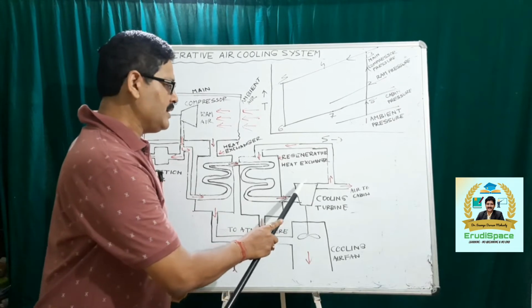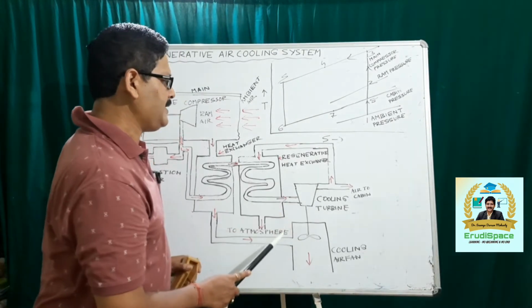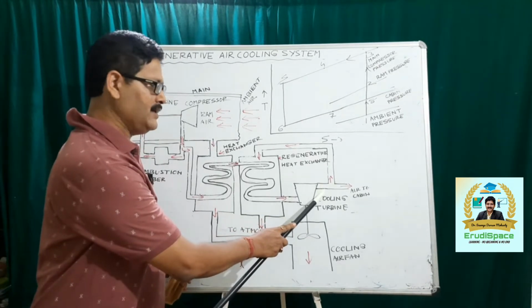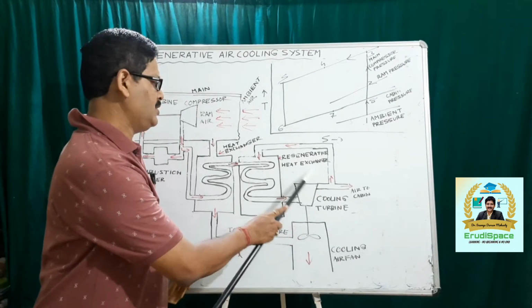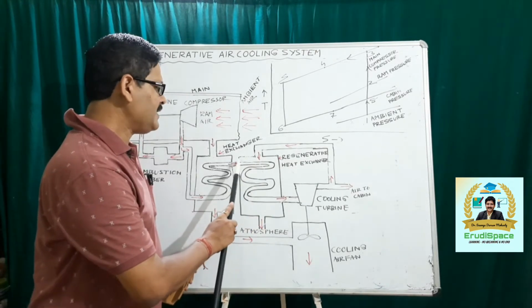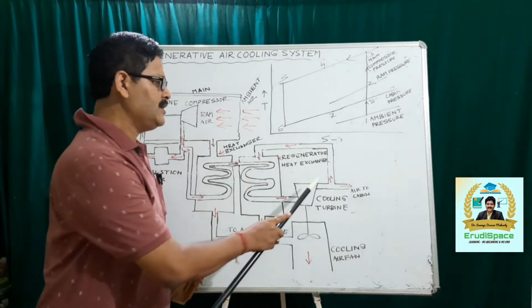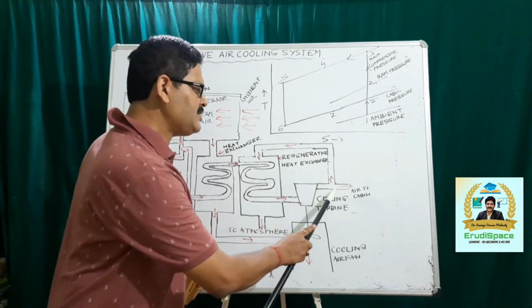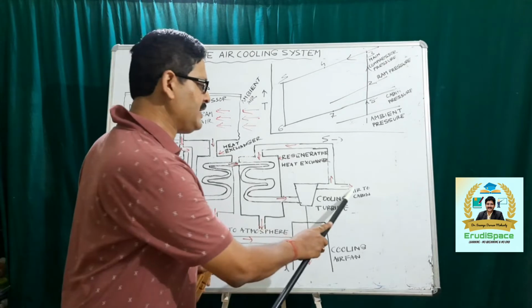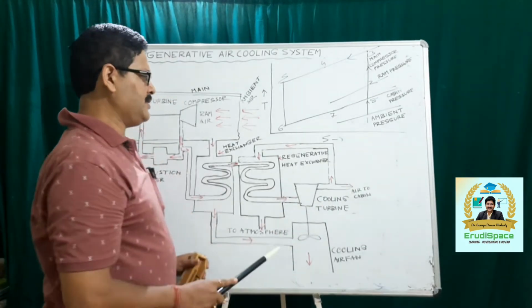Then the air, after passing through the cooling turbine, a part of the air is used to provide cooling to the air that is entering the regenerative heat exchanger, and a major portion of the air is actually sent to the cabin or cockpit.